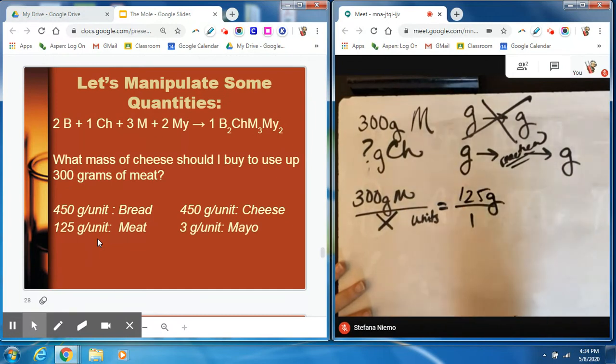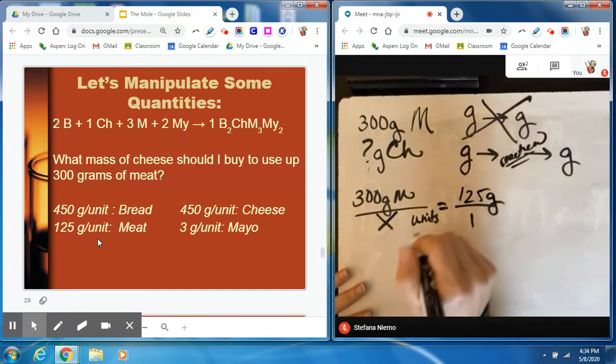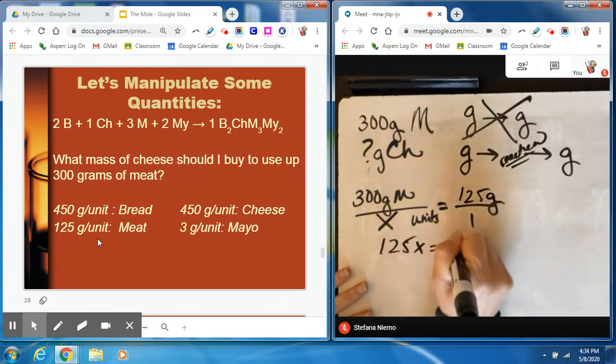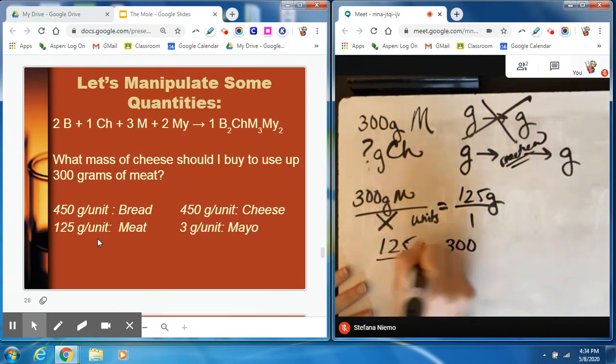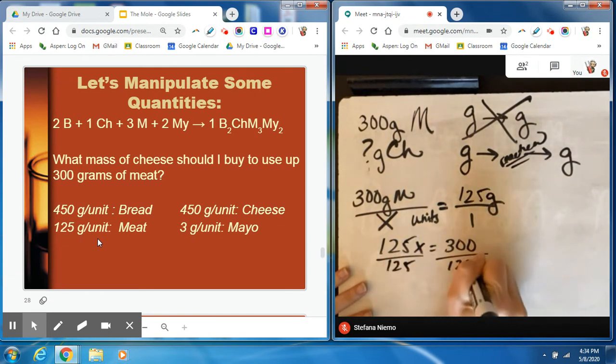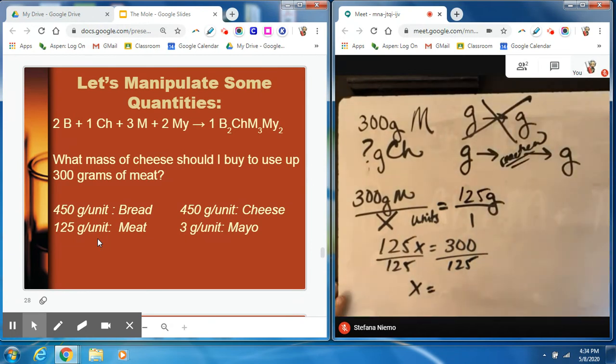So now I can cross multiply and figure out my units. I have 125x equals 300. To solve for x, I divide both sides by 125. So x is equal to 300 divided by 125, which is 2.4 units of meat.